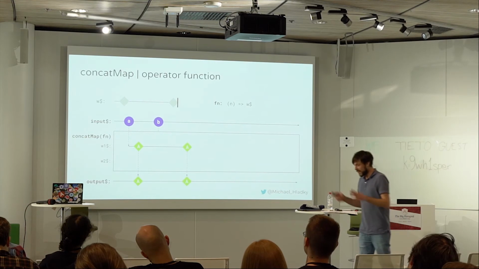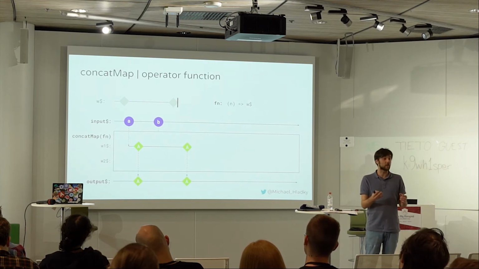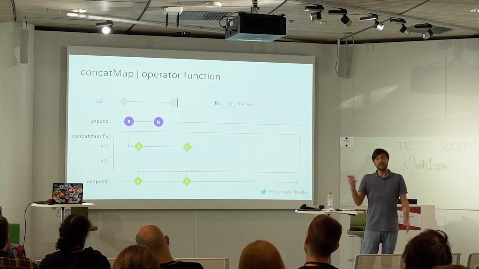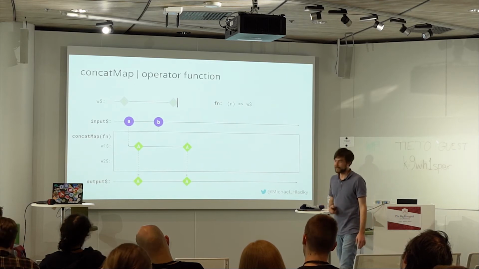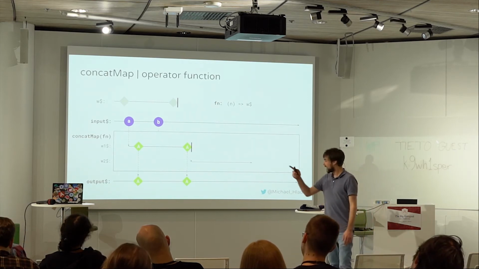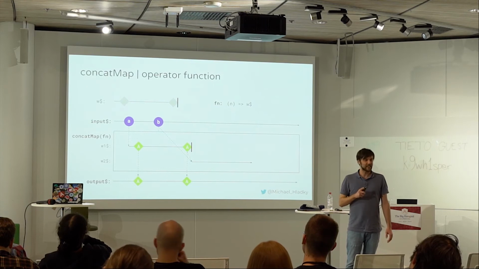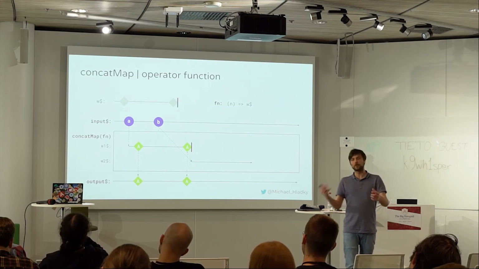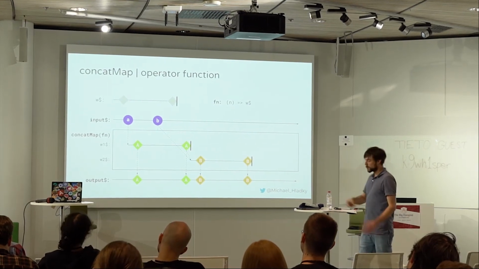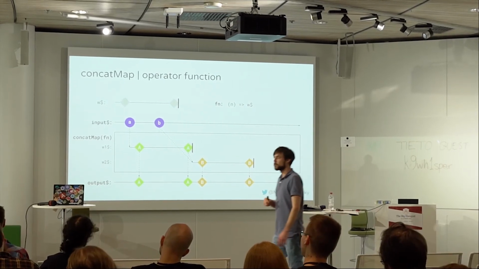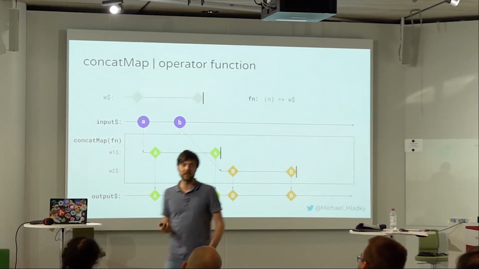Nothing happens as long as our first internal observable is still ongoing. And only if this observable completes, I take the second value that arrived and turn it into an observable and subscribe to it, and only then after the completion, I receive all the other internal values.